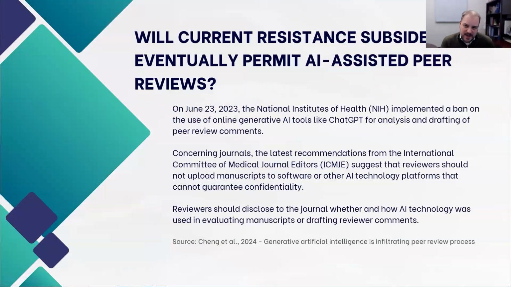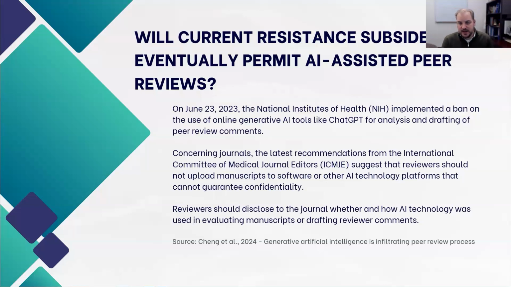All right, so even though AI may be good enough, in my opinion, to be used for manuscript screening, before this can happen, the current resistance to AI has to subside. So recognize that the NIH has implemented a ban on using generative AI tools for analyzing research and for drafting peer review comments.